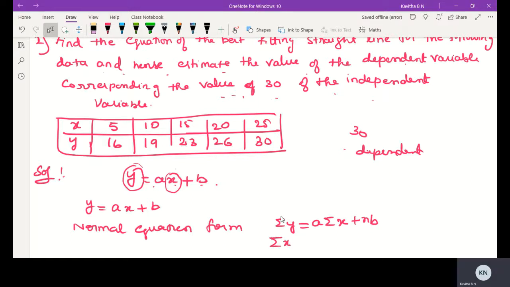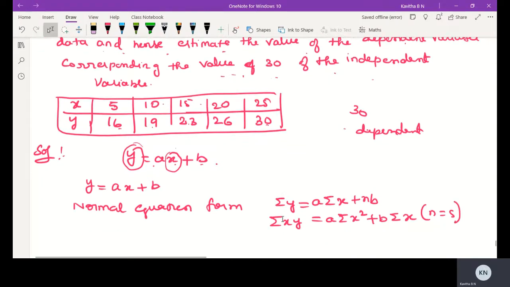Then summation of xy is equal to a into summation of x square plus b into summation of x. Here n is the number of elements present in the table. How many elements are present in the table? 1, 2, 3, 4, 5. N is equal to 5.